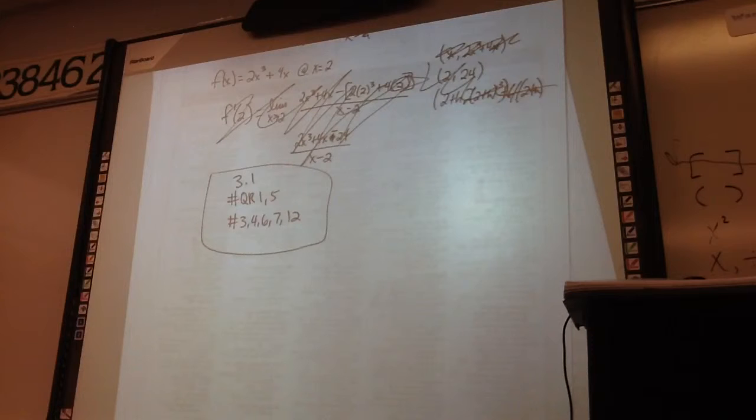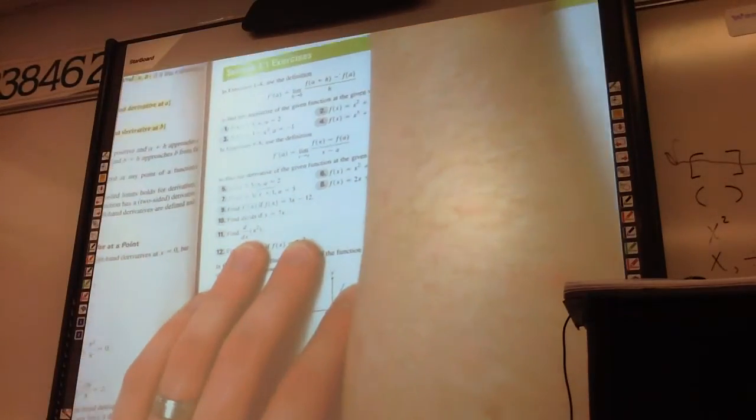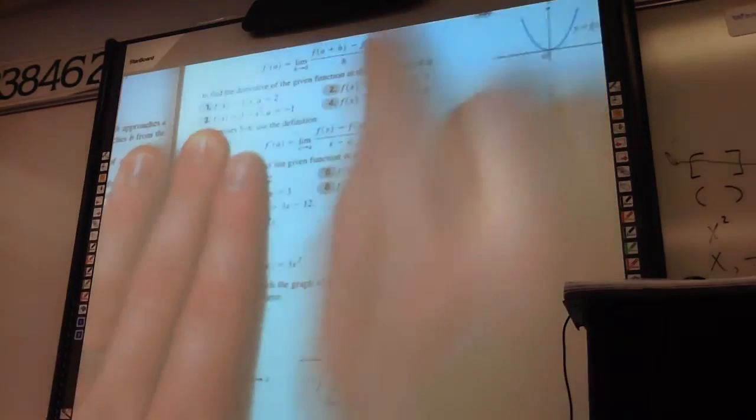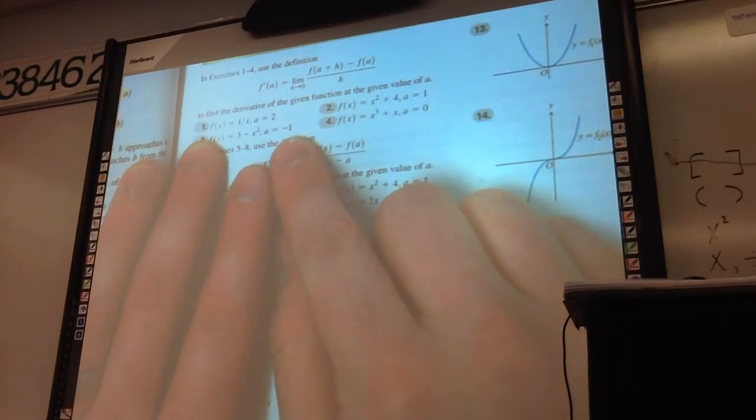Did I show you that? I wanted you to do it however you know how to do it. It tells you to use this definition to do it. Well, I disagree. Use whatever definition you want.